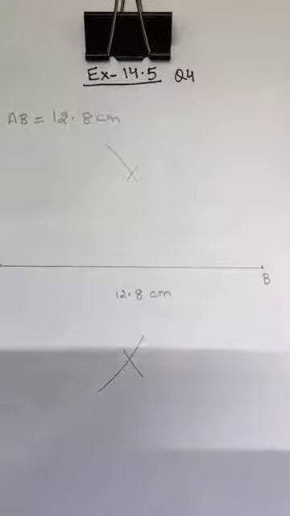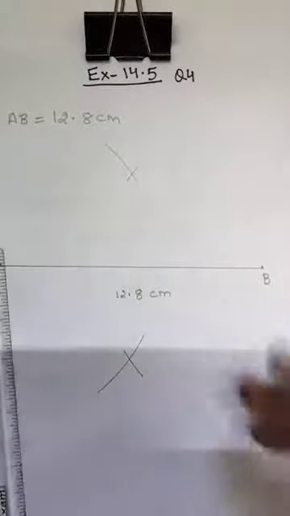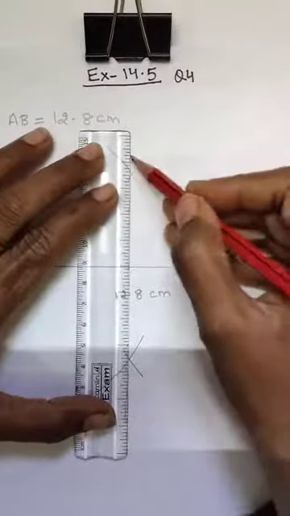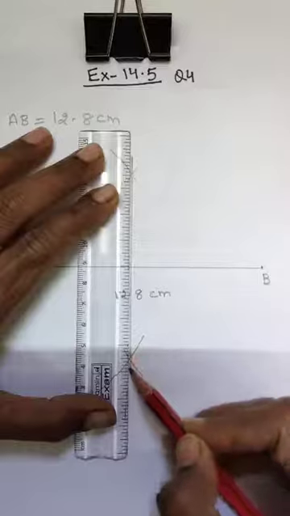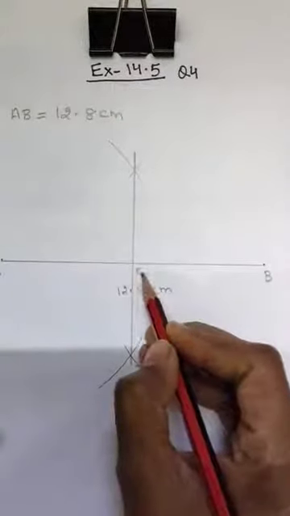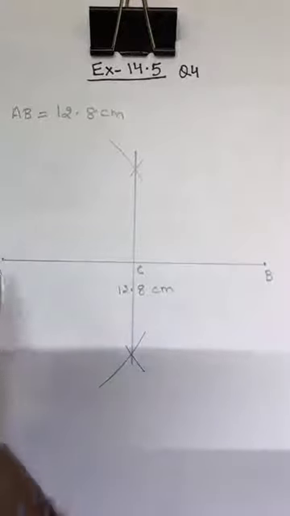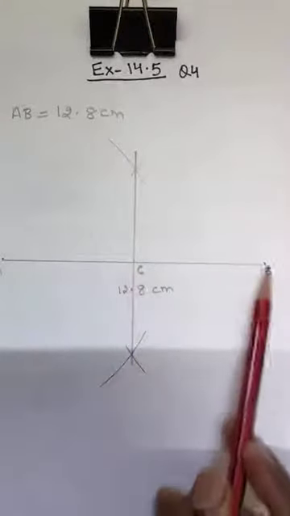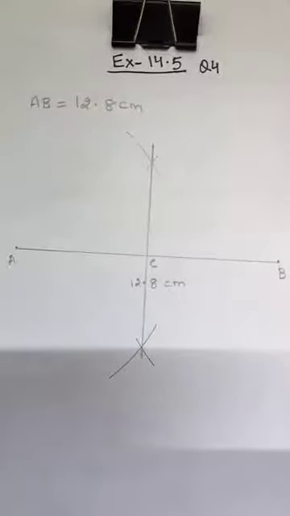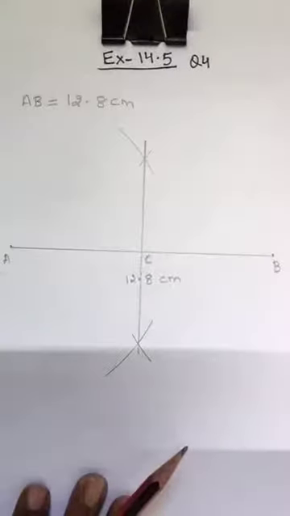Give it a name. Let us join these 2 arcs. It has divided line segment AB into 2 parts. Give it name C. Now AC is equal to CB, or we can say AC is half of AB.